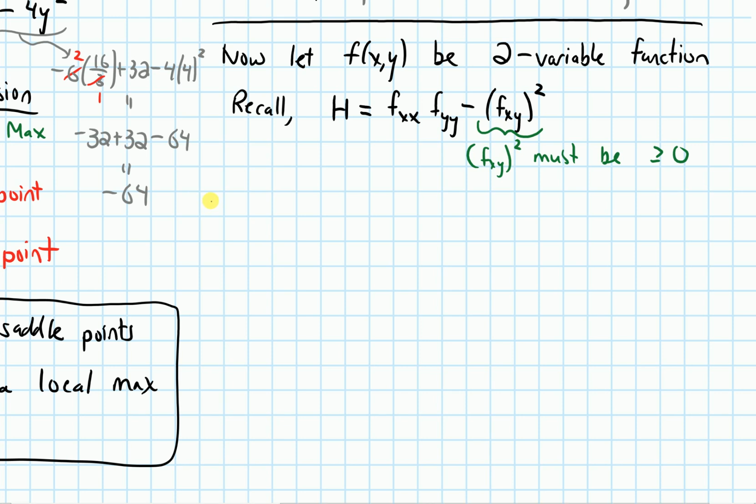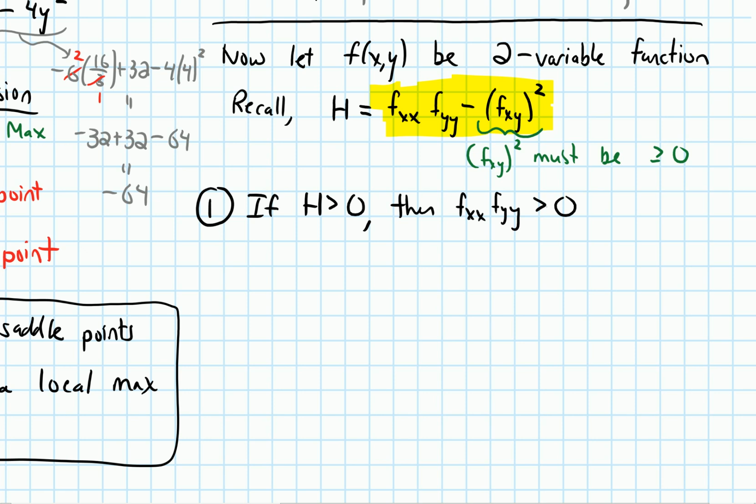So if I think about our first case of the second derivative test, what does it mean if H, our Hessian, is greater than 0, if it's positive? Well, if this whole thing is positive, and I know that fxy squared is greater than or equal to 0, that forces fxx times fyy to also be a positive number.